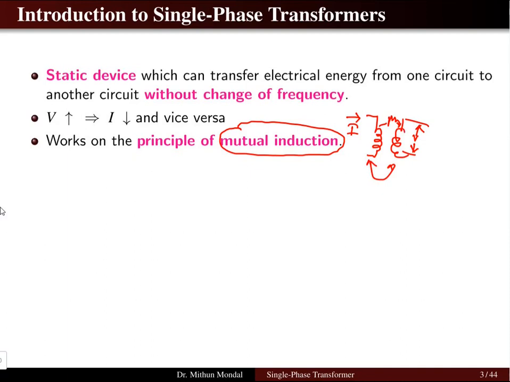However, the two coils have to be in close proximity. If the two coils are very far, then the mutual induction will not play any role. Hence, the principle of electrical energy transfer will not be there.